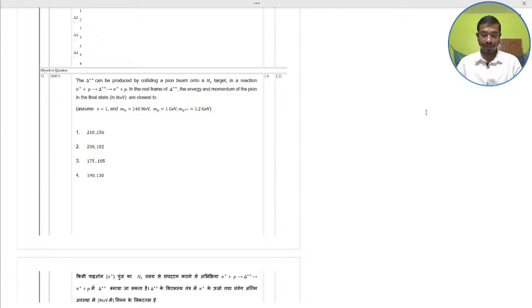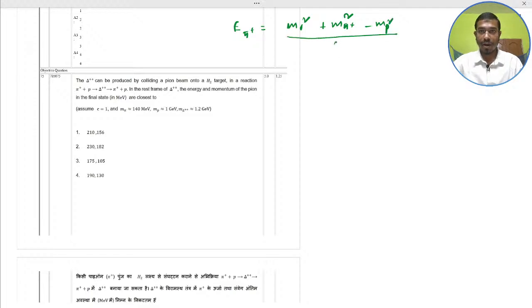So this is coming from the nuclear and particle physics problem. The total energy of the pion, E pi positive, equals m delta square plus m pi positive square minus m proton square divided by twice m delta positive. Put this value one after another.